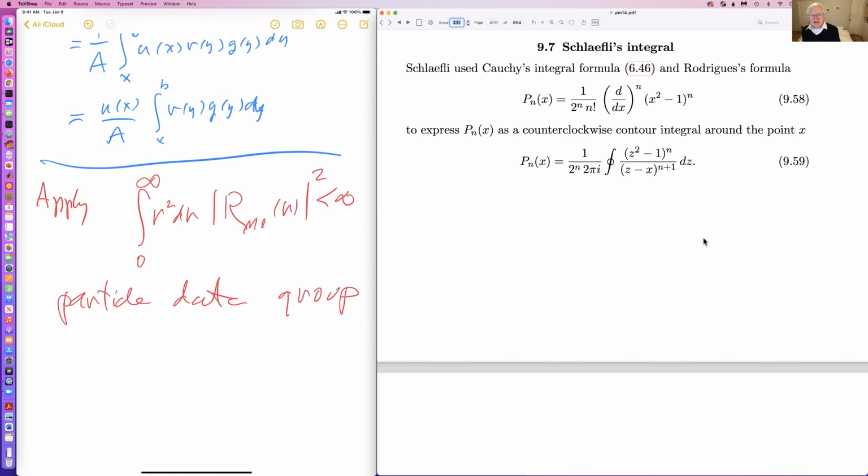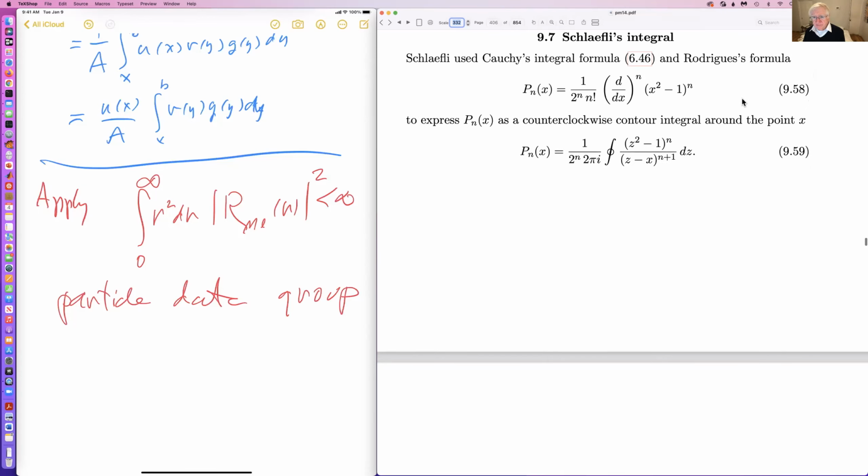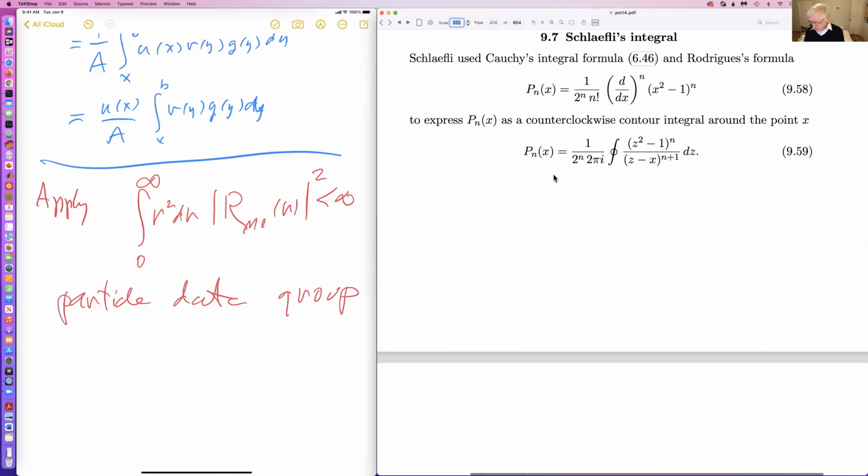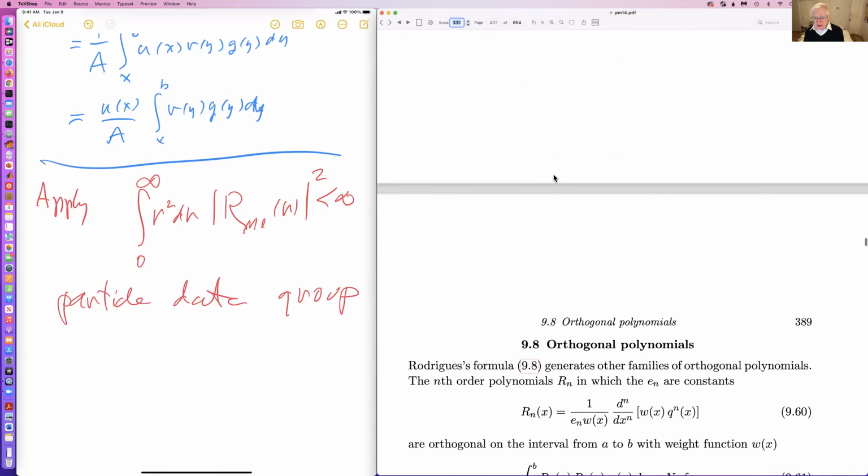There's a Schlaefli formula: Schlaefli used Cauchy's integral formula and Rodrigues' formula to express Pn as a counterclockwise contour integral around the point x.